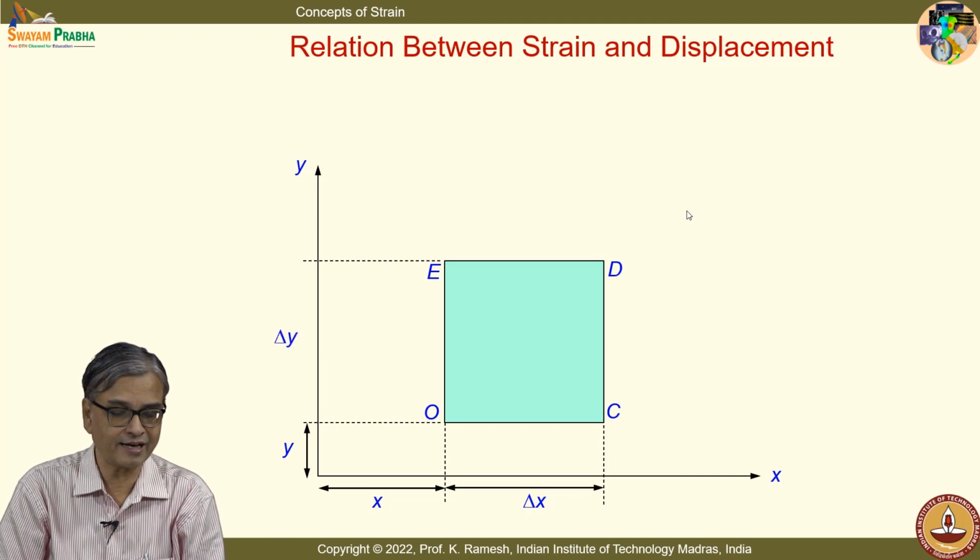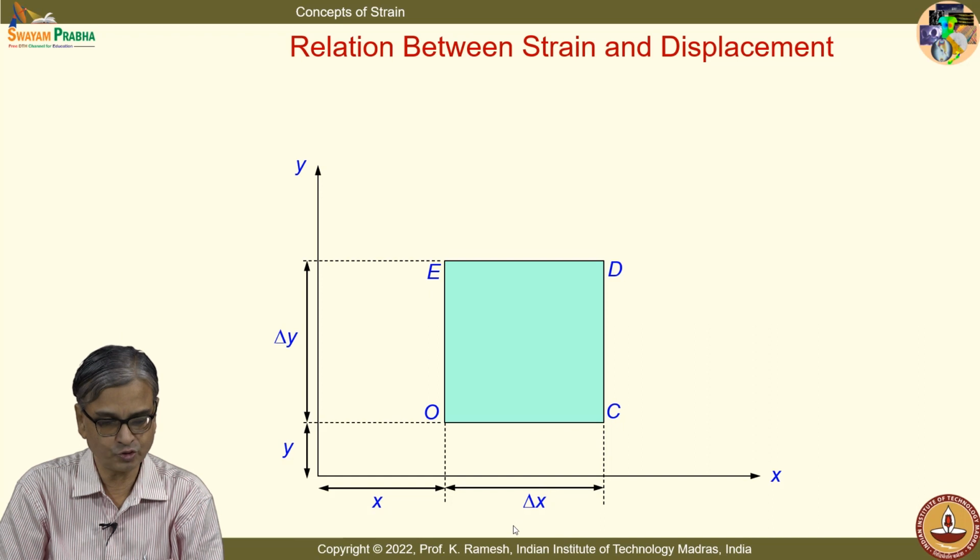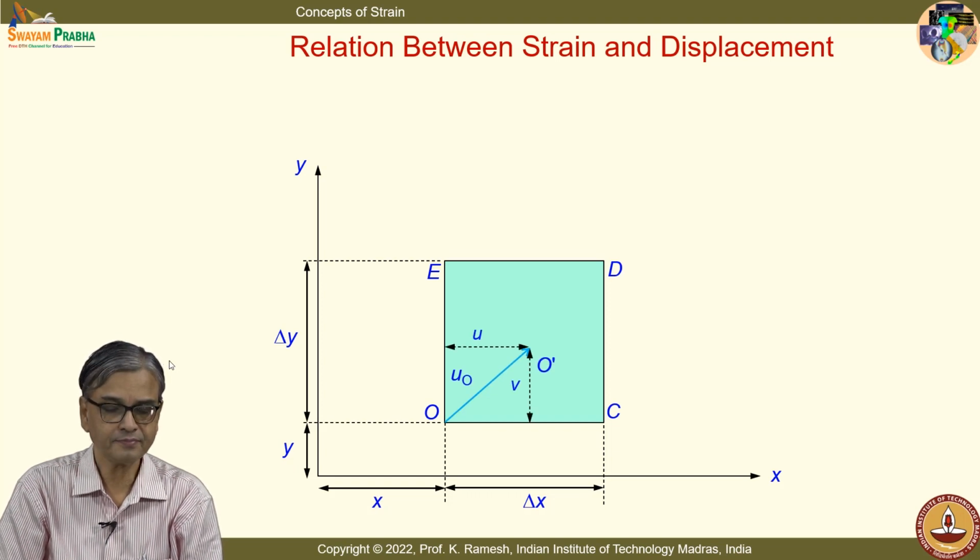I have taken delta x comparable to x, but I call it delta x. You should understand that unless these diagrams are big, you are not in a position to visualize what happens. So, I have a displacement vector where point O moved to O prime.